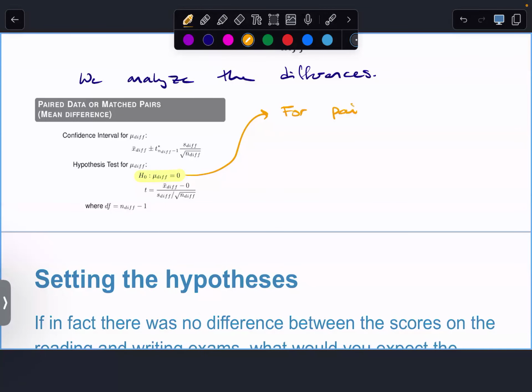For paired data, H naught is always H naught: mu diff equal to 0. I want to see that diff on there because that tells me that it's about the differences. And it's on your formula sheet, so I don't think it's asking too much.